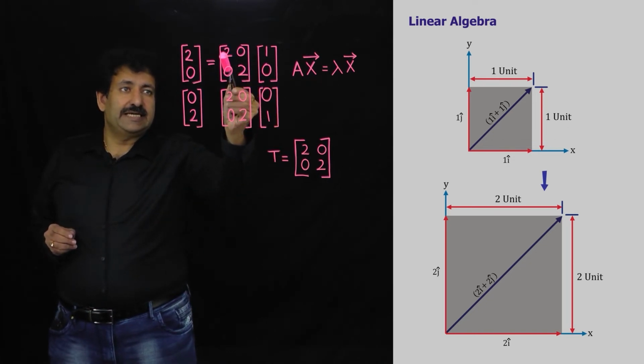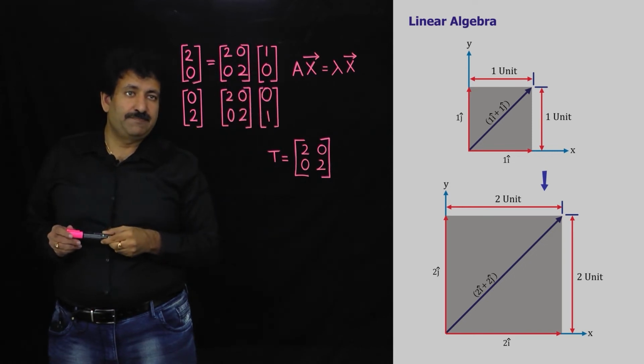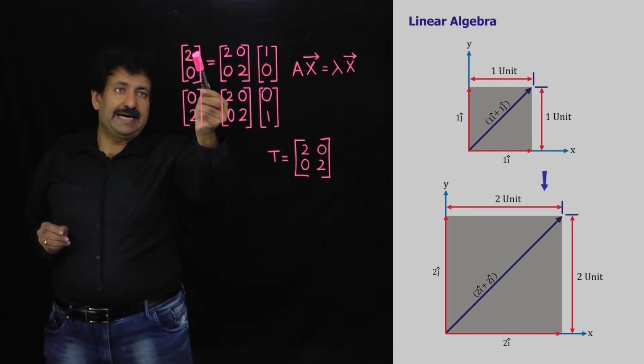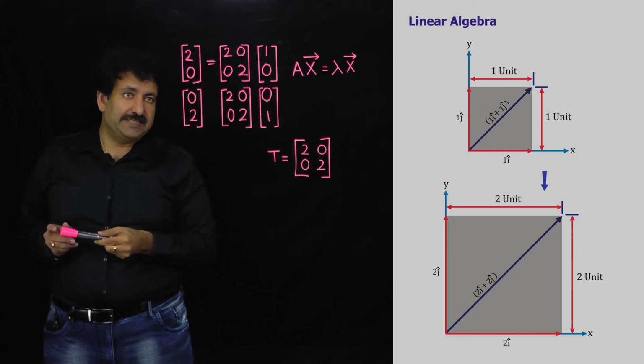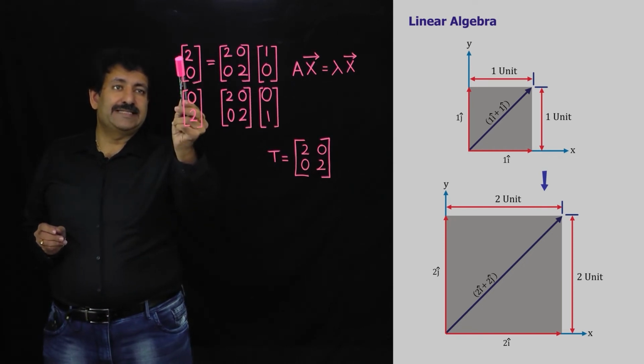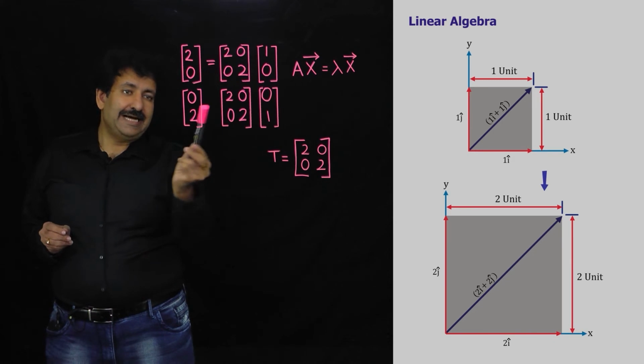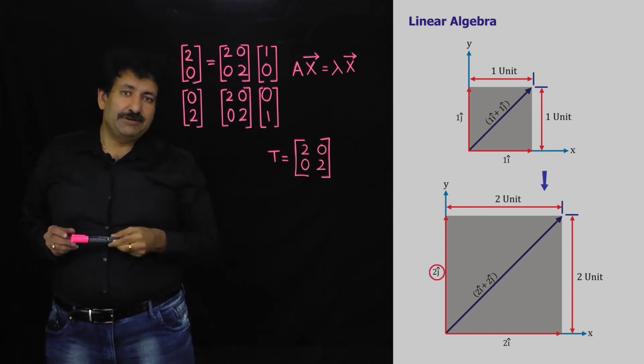So this column is scaling x and this column is scaling y. And if I define the new vector space that is defined by this scaled vector along x and scaled vector along y, you would see a bigger space.